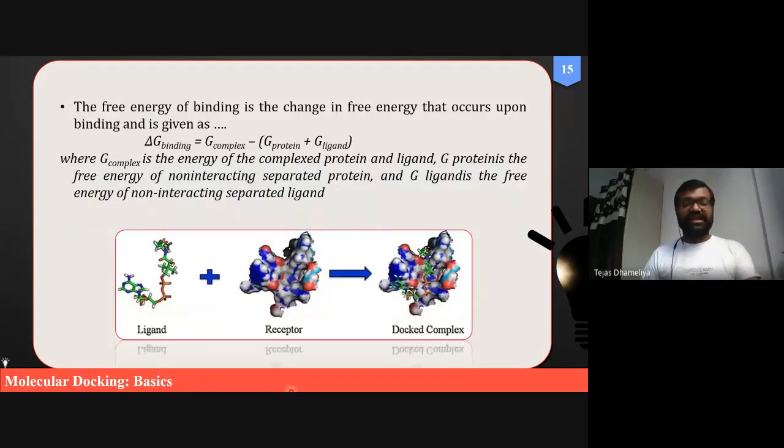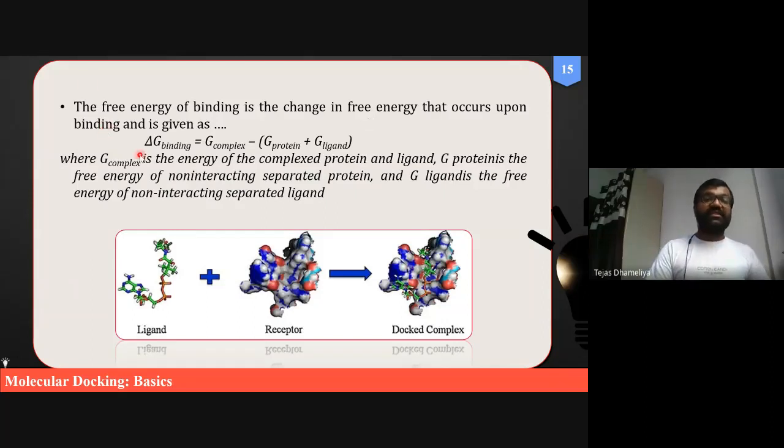This is another way to see what is the basis of all this software. The basis is that the ligand is going to bind with the receptor and make a drug-receptor complex, also called, in this case, the DOC complex. Now the ligand will have a certain amount of free energy, the receptor a certain amount of free energy, and the DOC complex will have a combination of certain free energy.